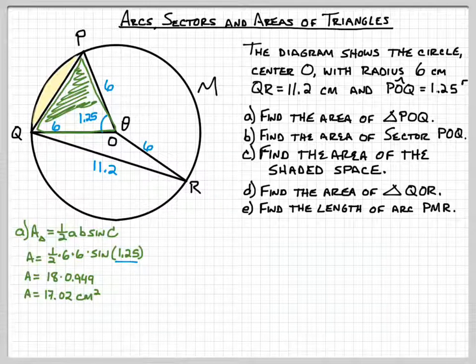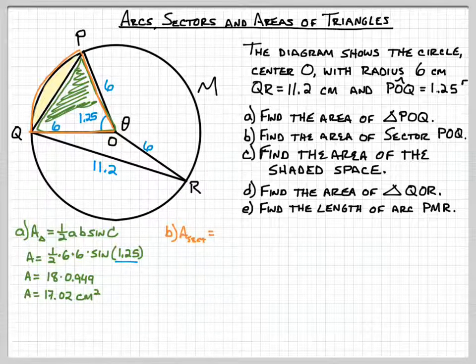Now we need to find the area of sector POQ. Remember that when we're finding the area of a sector, the area is proportional to the circle, and the angle measurement of 1.25 is proportional to the angle measurement of the whole circle, 2 pi.